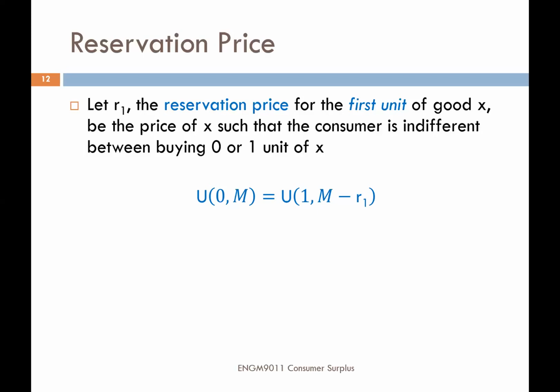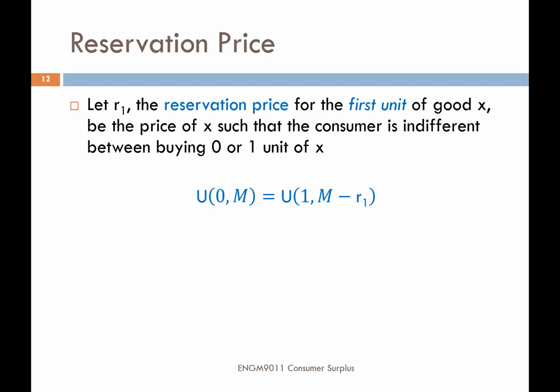Likewise, on the right-hand side, we have the bundle where you consume 1 unit of X. If you buy 1 unit of X, you just spend P dollars on it, right? And that leaves you with M minus P dollars to spend on good Y. Good Y costs $1, so you can buy M minus P units of good Y. Now that price, that P, is determined exactly such that you're indifferent between these two bundles, and therefore they have the same utility number, right?